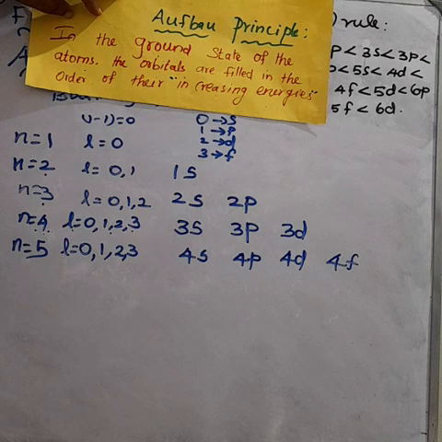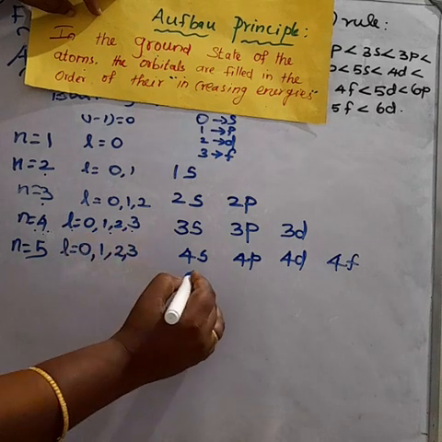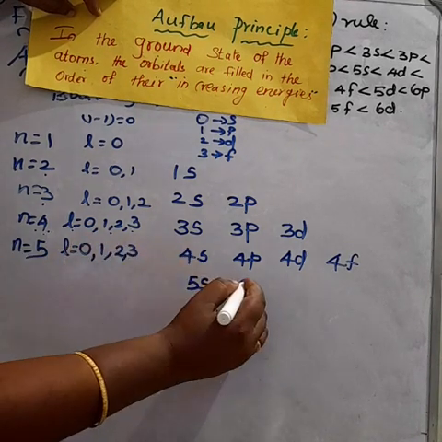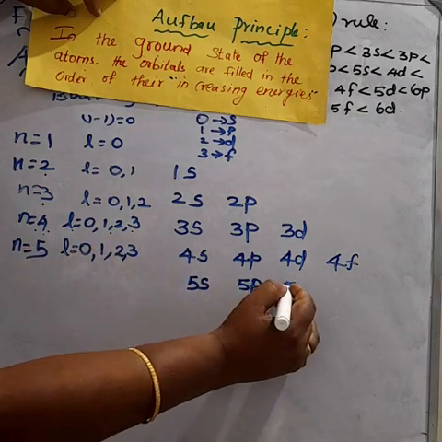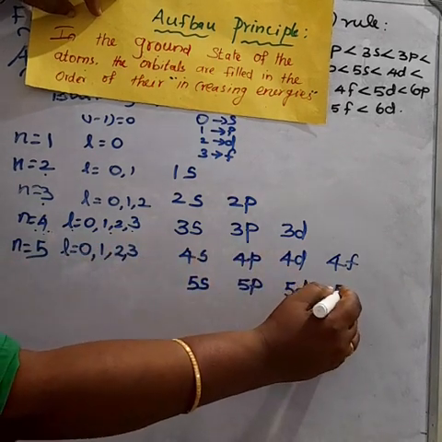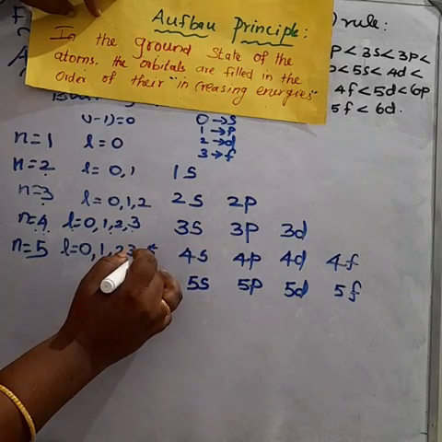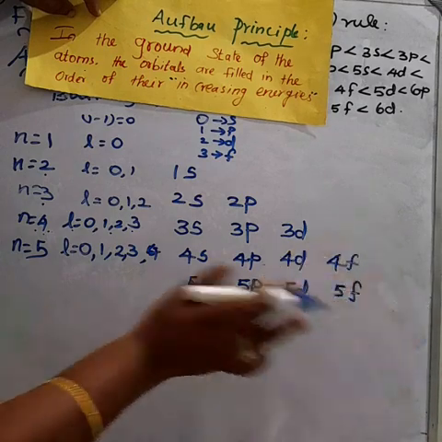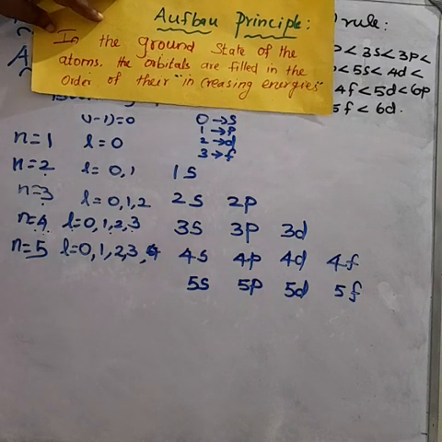So here n is equal to 5. l is equal to 0 means 5s. n is equal to 5, l is equal to 1 means 5p. n is equal to 5, l is equal to 2 means 5d. n is equal to 5, l is equal to 3 means 5f. n is equal to 5, l is equal to 4 means 5g. Okay. But we need not write the 5g orbital. The reason I will tell now.